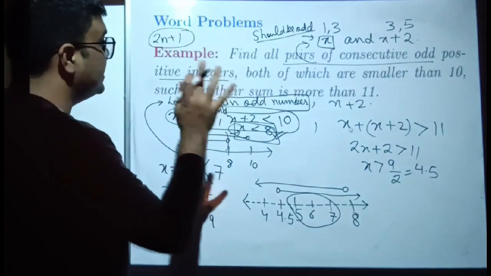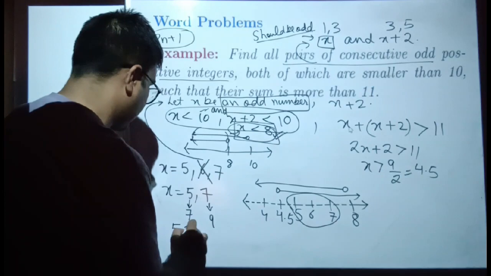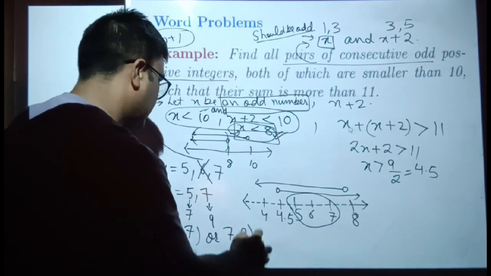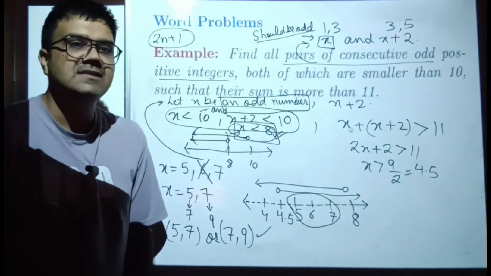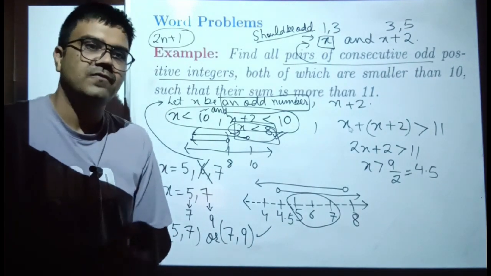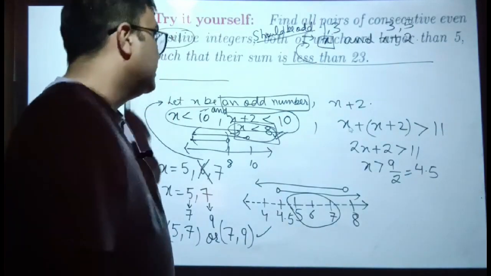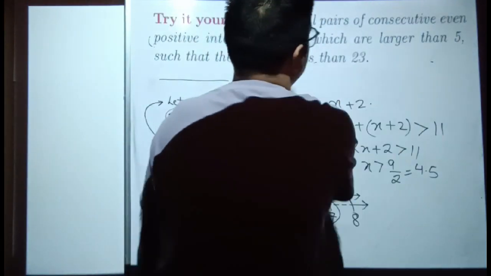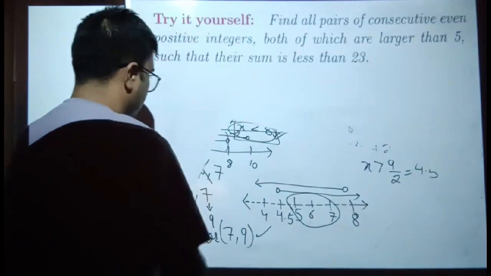So the possible pairs that we can have are 5, 7 or 7, 9. These are the two possible pairs that satisfy the condition of this problem. Similarly, we have this next question. We are being asked to find the pair of consecutive even positive integers.